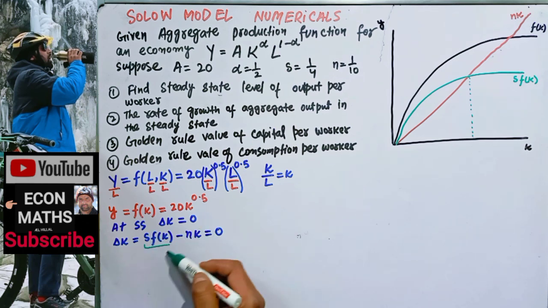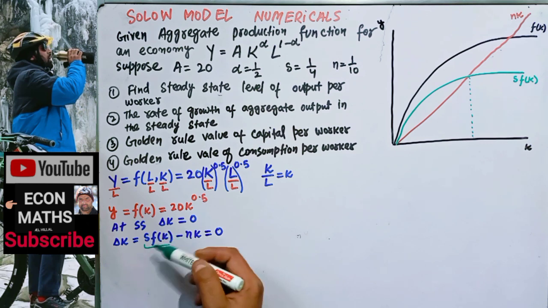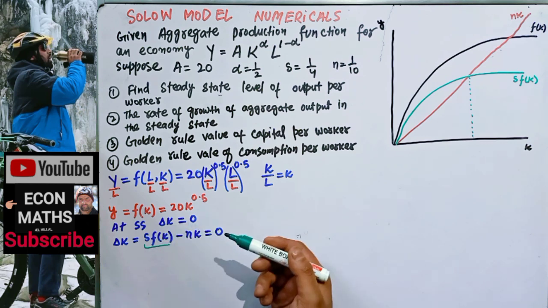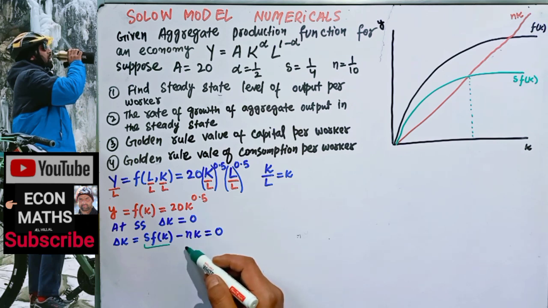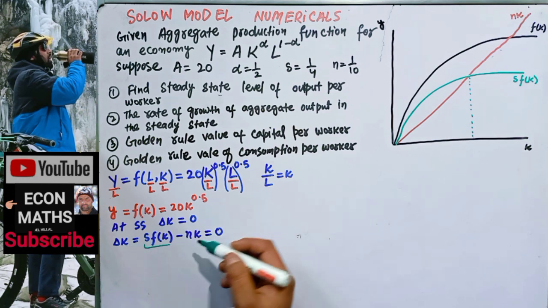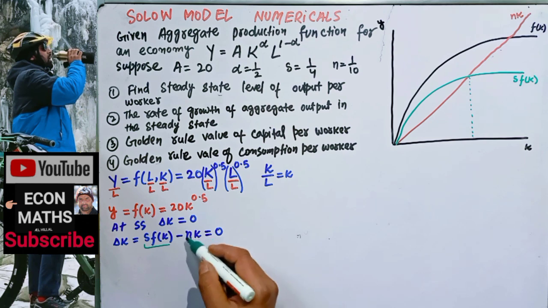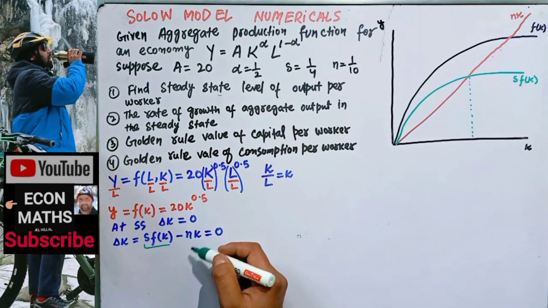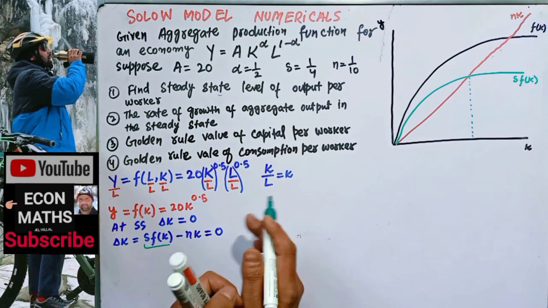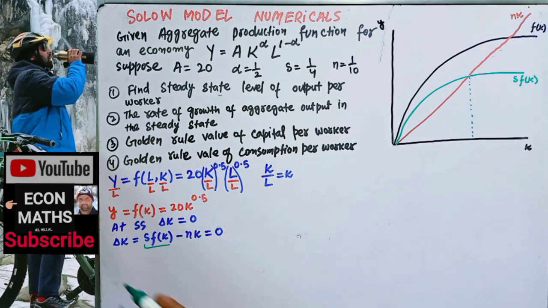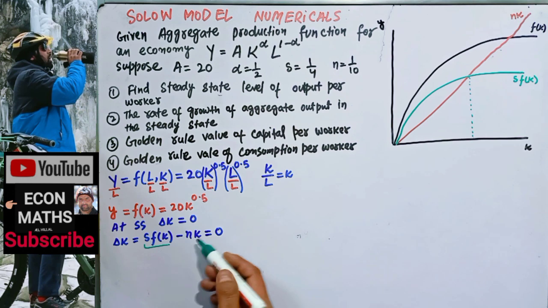Any increase in investment is used to equip new workers with capital as population grows. So our change in capital stock will be equal to 0. This nk denotes the capital accumulation required to keep k constant as population grows. So that's why we have s F of k minus nk is equal to 0.